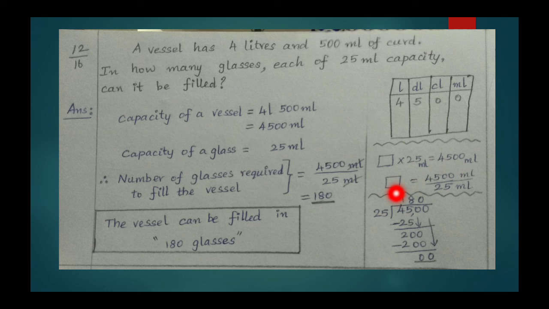So the number of glasses multiplied by 25 ml is equal to 4500 ml. This multiplication has become division. So ml and ml are getting cancelled. Divide 4500 by 25. The division is done here. I hope you know division very well. So we got 180 as the quotient. So 180 is the required answer.